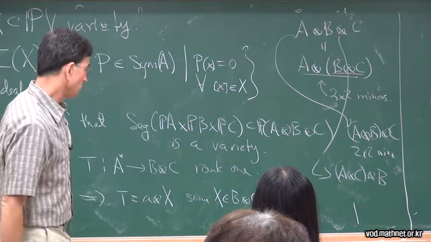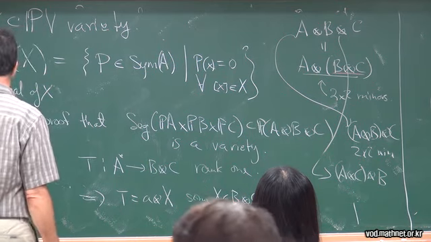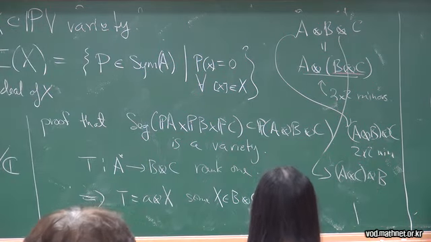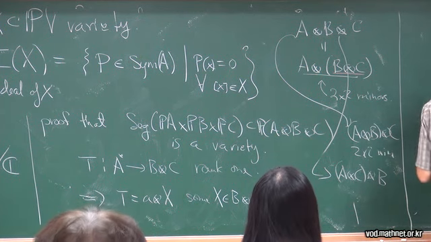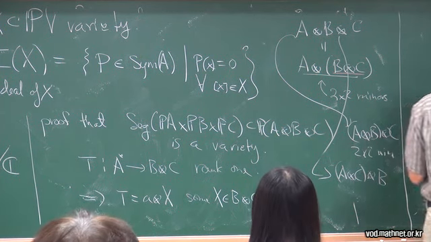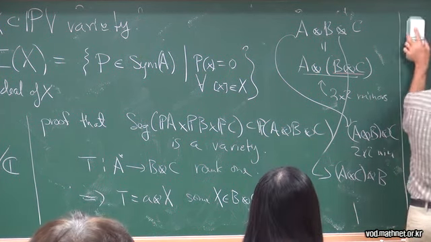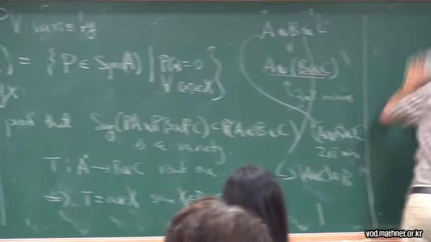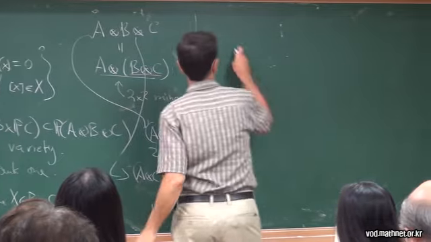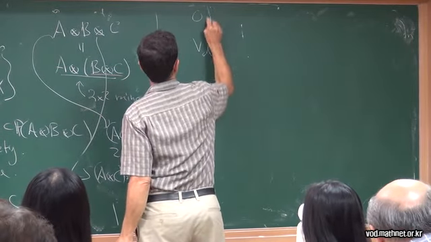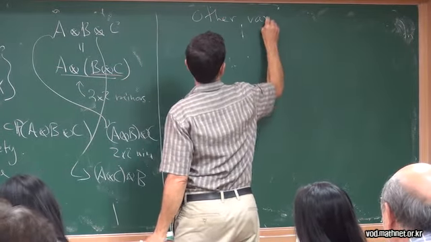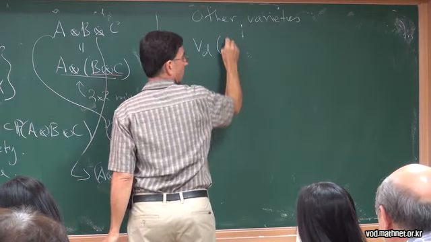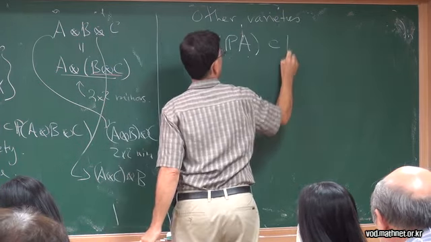Now, it's going to be very important, especially when we study the geometry of algorithms, to study a cousin of the Segre. Well, first there's a young cousin of the Segre, the Veronese variety. So other varieties. We won't need this one so much, but we might as well discuss it.